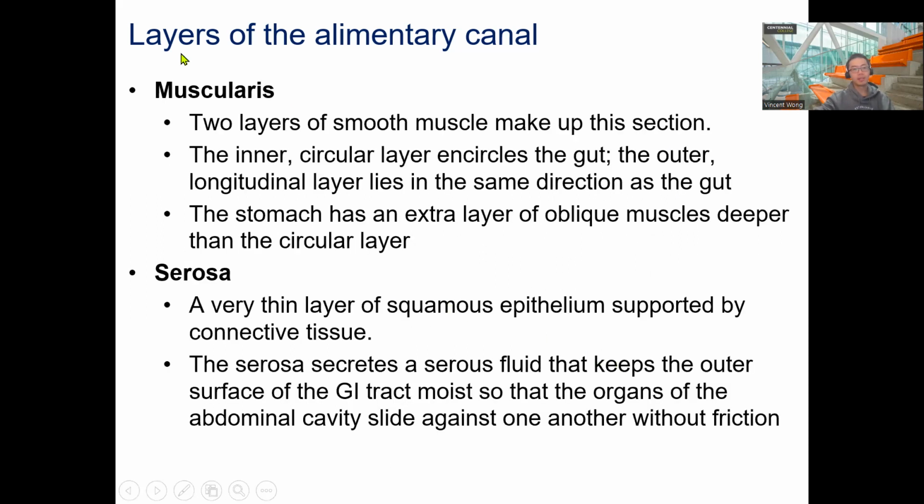Okay, so that was the muscularis, and I'm just repeating myself here. And then outside of the muscularis, we have the serosa. The serosa is the outermost layer of the GI tract, and it is supported by connective tissue. It basically helps your gut attach to the surrounding structures, right? So they're not going to be sliding out of place when we lie down, for example.